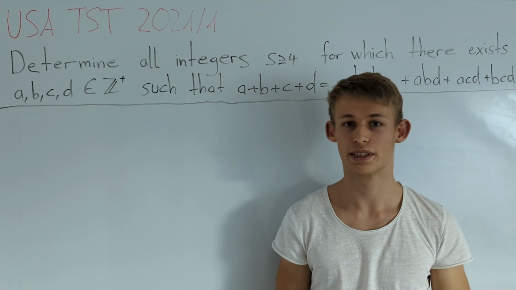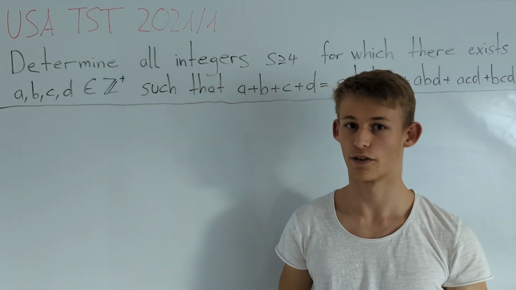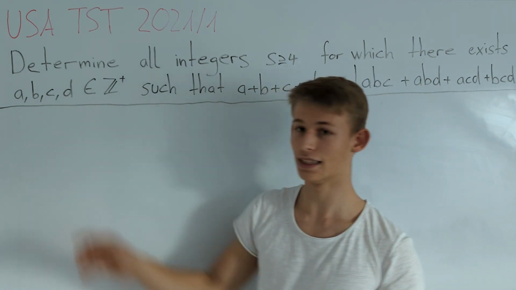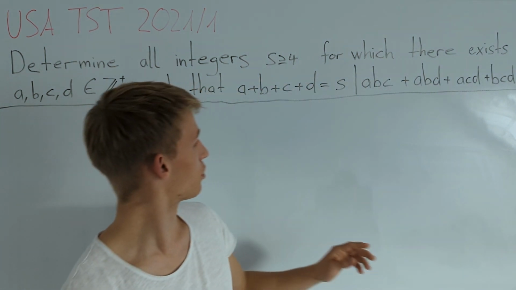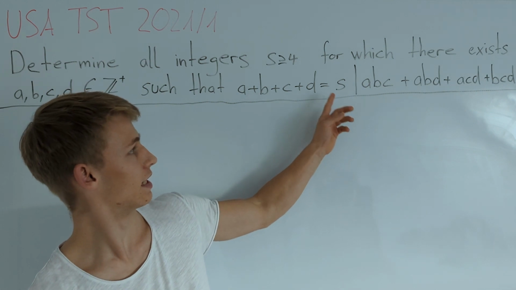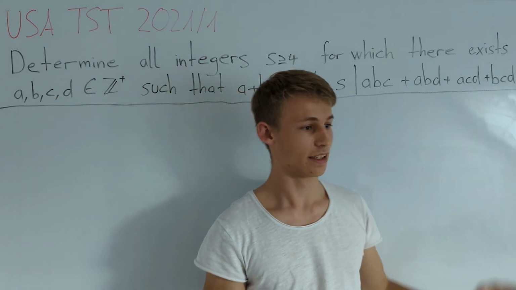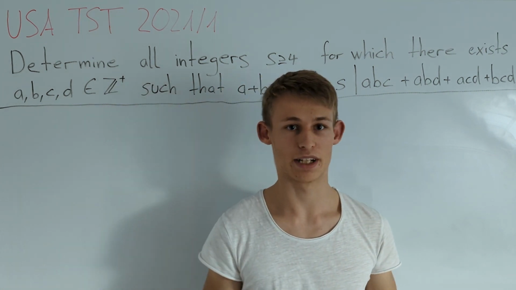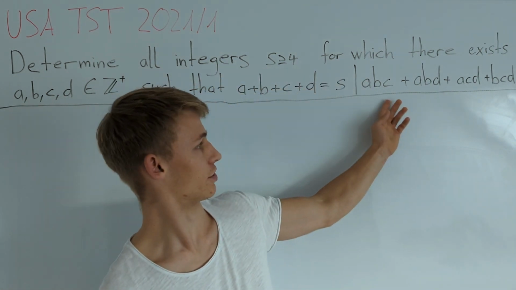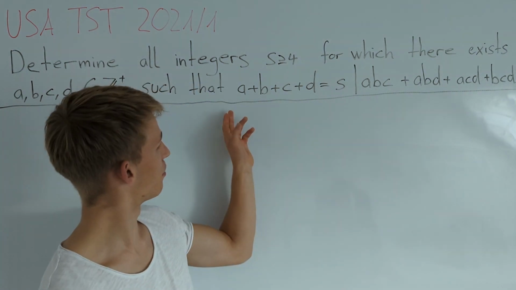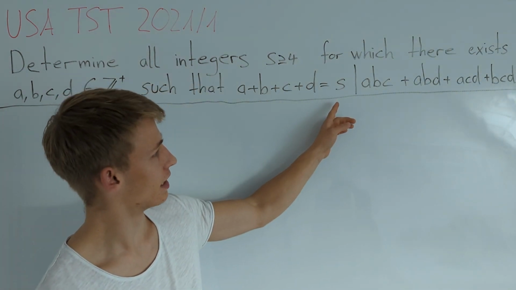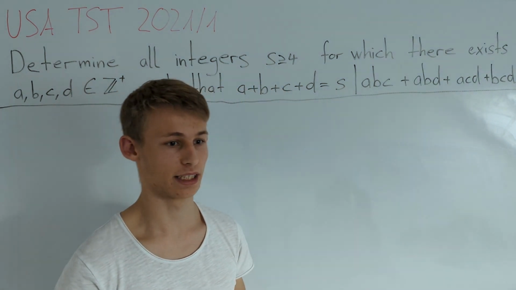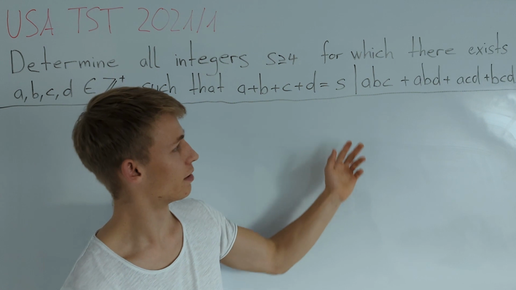At first, when we see this problem, we see that we have 5 variables, namely s, a, b, c, and d, and we only have 2 conditions, namely that the sum is equal to s and s divides this sum here. Therefore, our first try is to get some better conditions out of the given condition in the problem. And since we know that the sum of a, b, c, and d is equal to s, and that s divides a polynomial in a, b, c, and d, it's maybe a good idea to consider all this stuff modulo s.